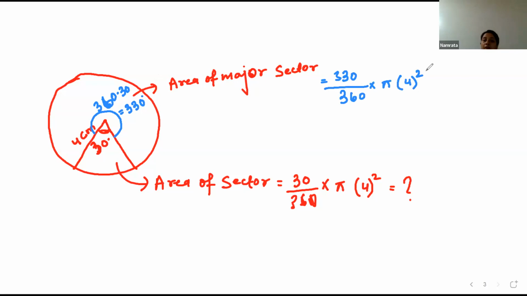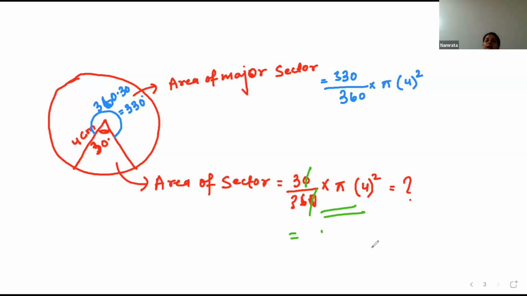Or one more method is there. Let me tell you what exactly that method says. Whatever area you have got from here, let's calculate it. 30 by 360 into 4 square, and pi is also there.